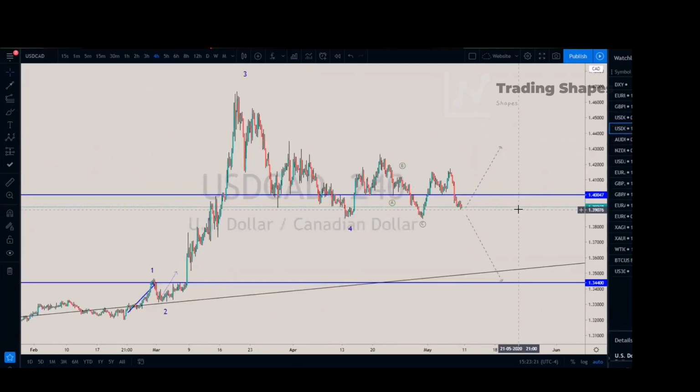UCAD, it's in the middle. I have a couple of counts for it. That's why I placed this one. If the price is where it is now, it's supposed to move up to complete the following. This leg and this leg.